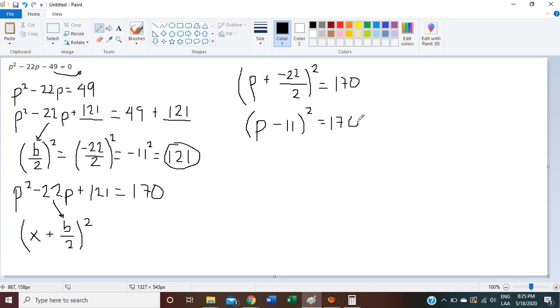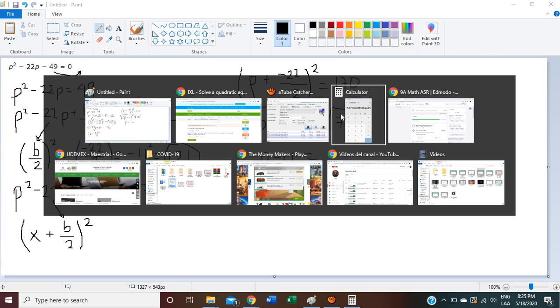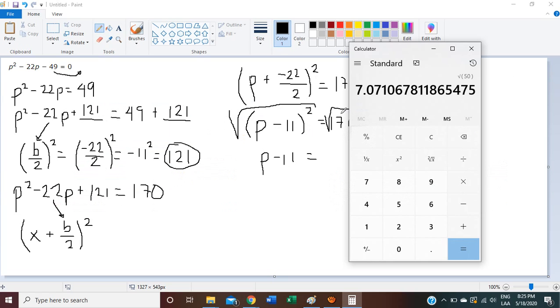170. Okay, we need to get rid of this exponent, so we are going to take the square root. All right, so the square root of that is going to be p minus 11, and the square root of this, we need a calculator, right? Because we are not geniuses.